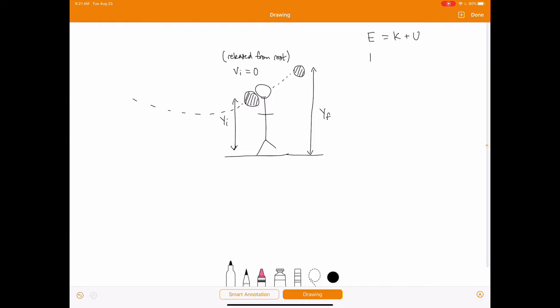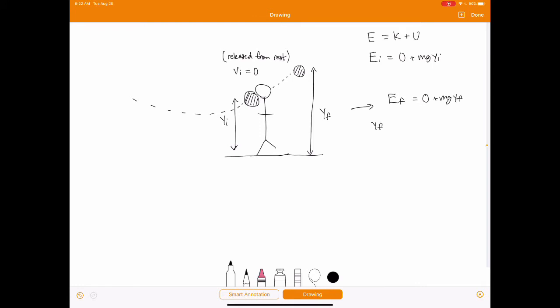And if we want to find out the initial energy, well, that would be 0 kinetic plus mg y initial for the potential. But if we imagine that this is the final state, then the final energy is going to be 0 kinetic because it has to come to a stop at the highest point, plus mg y final.